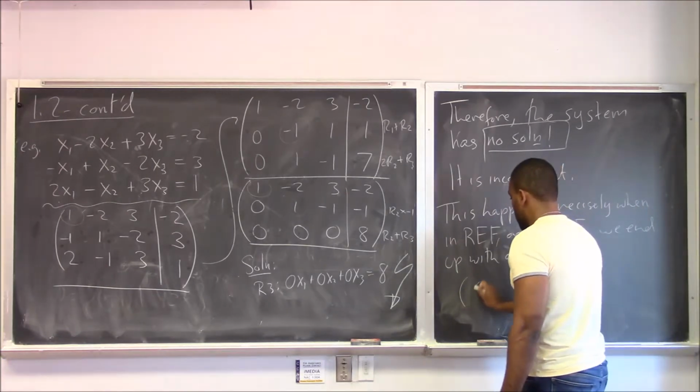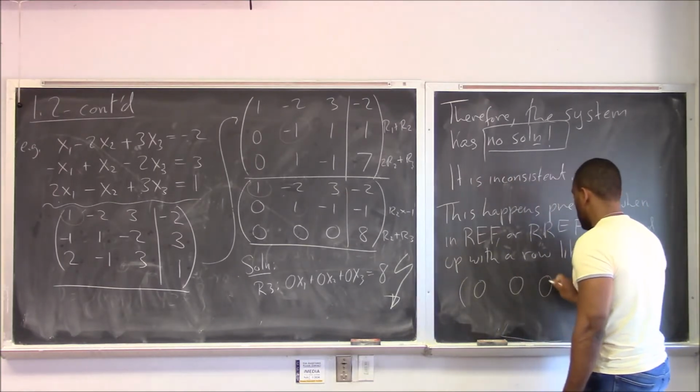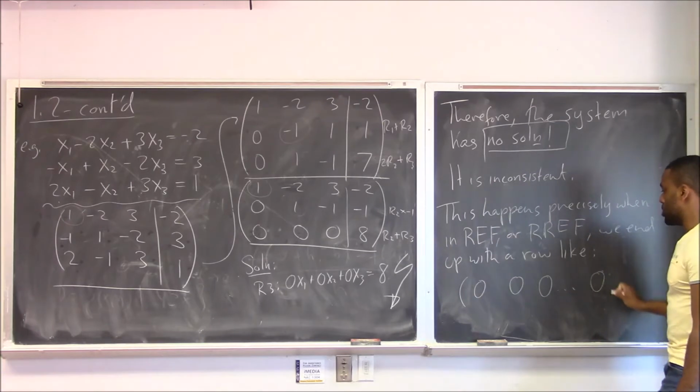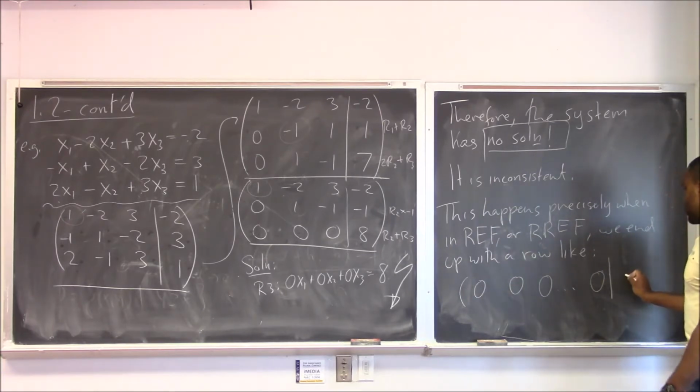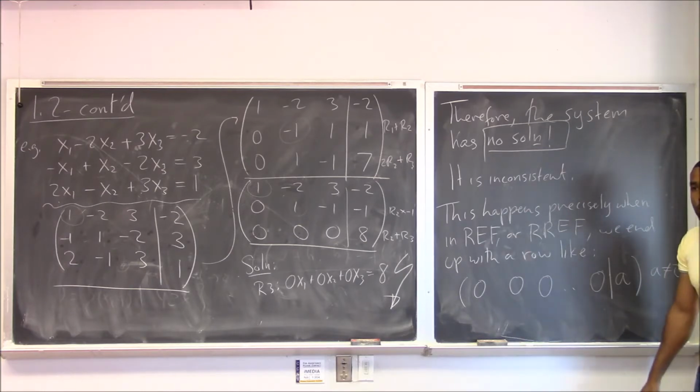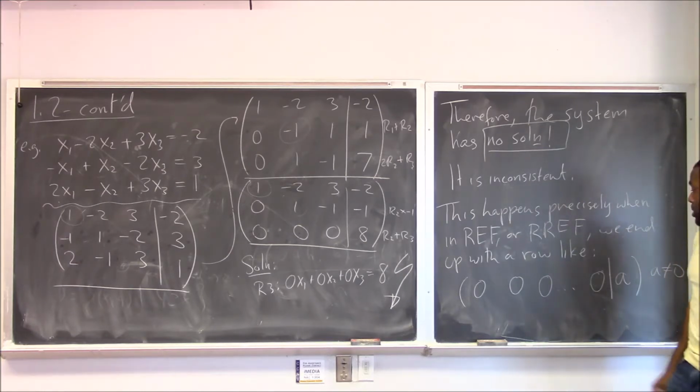So here, if at any given time we end up with a row where there are a bunch of zeros, and on the other side of the equation there's some other number that is not 0, it is impossible to solve such an equation.